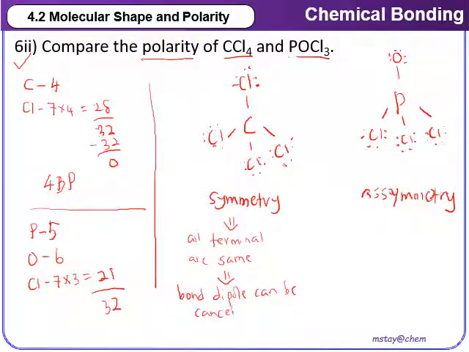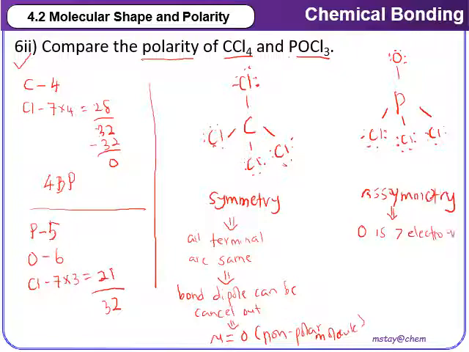Once the bond dipoles are cancelled out, the dipole moment equals 0, and this molecule is a non-polar molecule. The other way happens to POCl3 because oxygen is more electronegative than chlorine. So the bond dipoles cannot cancel out each other, and then the dipole moment is not equal to 0. So this molecule is a polar molecule.